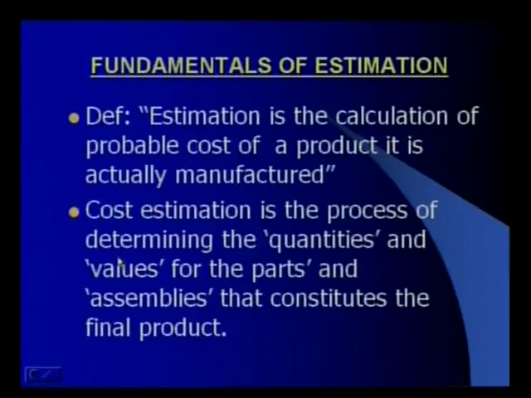Estimation is the process of determining the quantities and values of the parts and assemblies that constitute the final product. In any production process, we are involved in several things. We have to find the cost of various parts as well as the assemblies of those parts, and all those put together give the cost of a product.